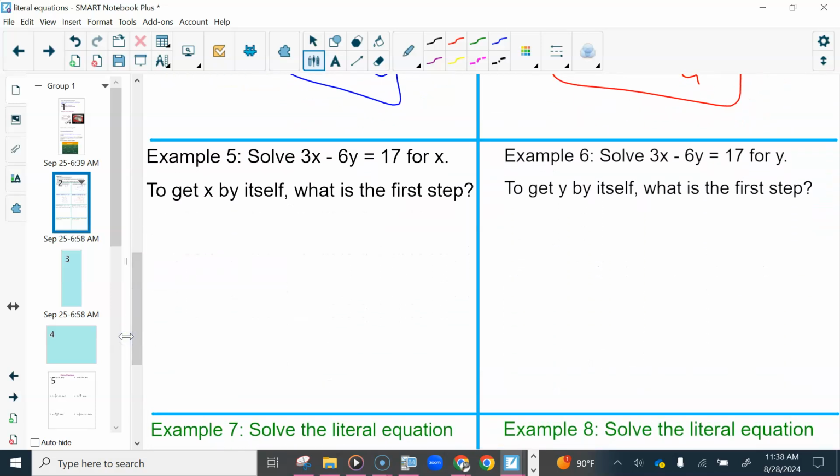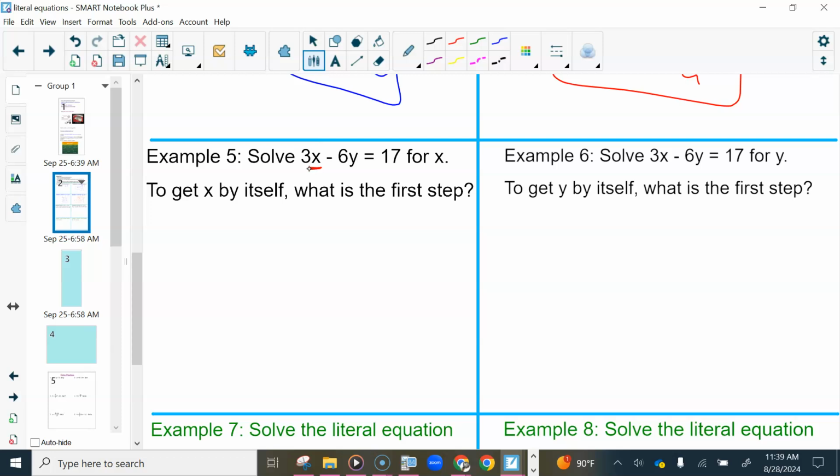Alright, now this one has variables and numbers, but we're still solving for just one variable. If I were doing example number 5 and we want to get x by itself, what do we think we would do first? So we would get rid of the 3, but not first.